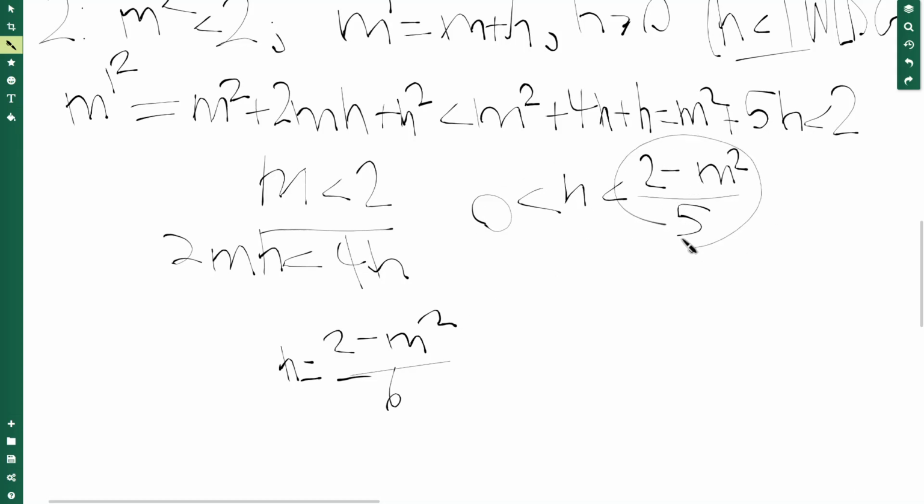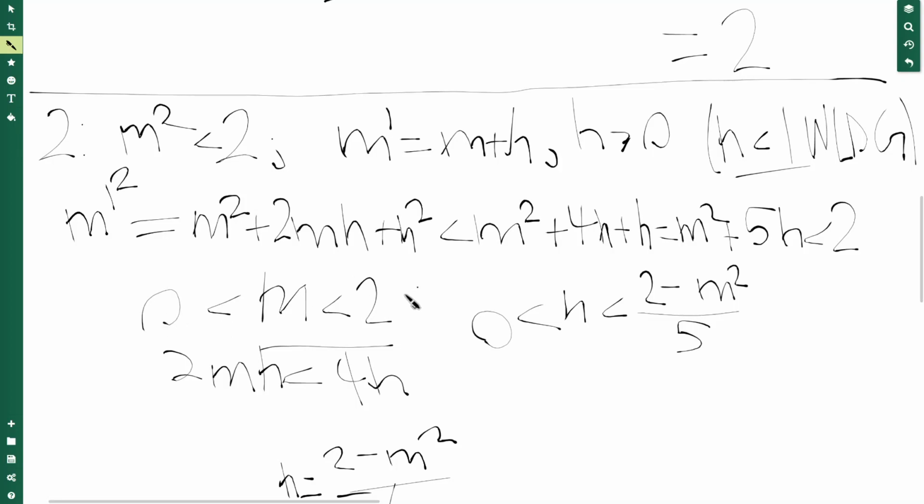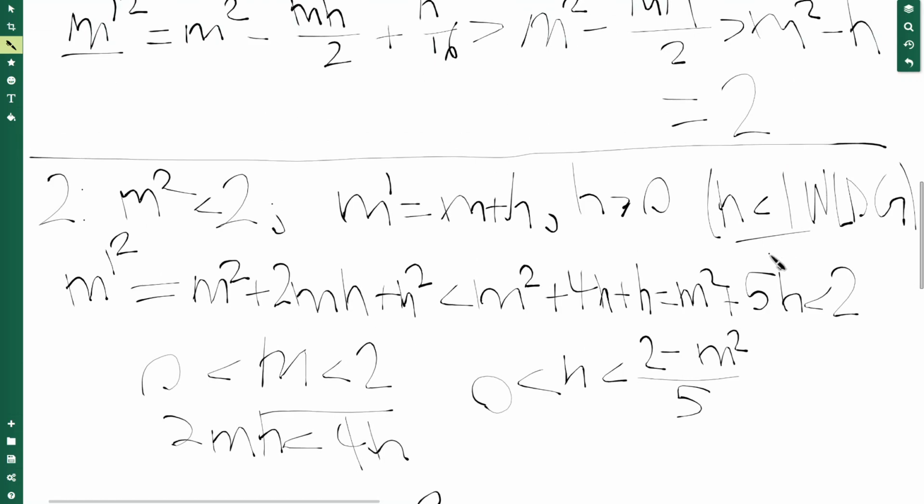It's not too hard to show that this is actually greater than 0. Actually, it would be using this, because we have 2 minus m squared. We can subtract m squared on both sides, and we can divide by 5, I should say, and it is greater than 0. So that you can show pretty easily.